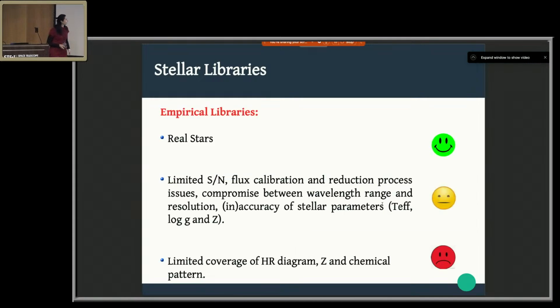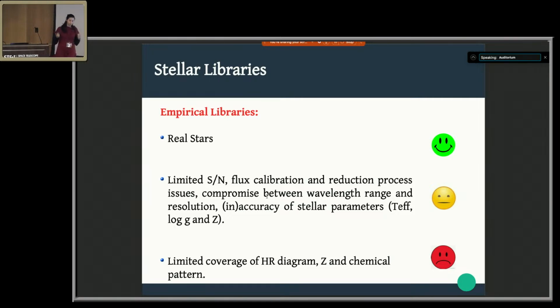Well, both, actually. The advantages of real star, the empirical libraries, is that they are real stars. So when you combine the spectrum and put this in a stellar population model, you can be sure that all the features that you observe there are real features and everything should be there. The little problem is that, of course, you have limited signal to noise because they are observed.